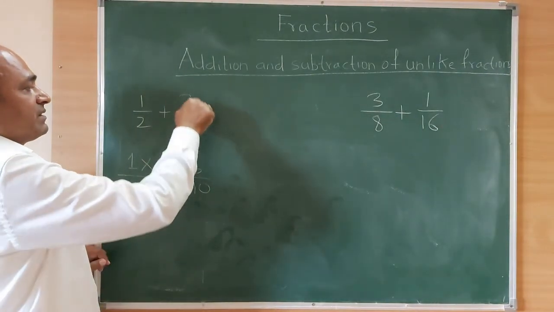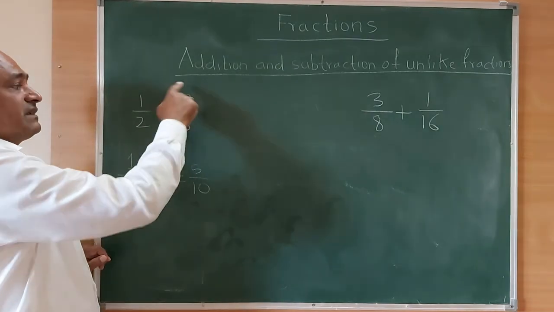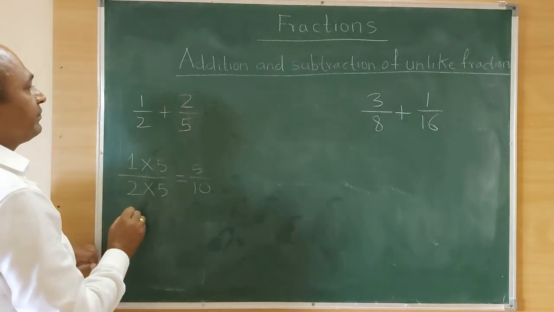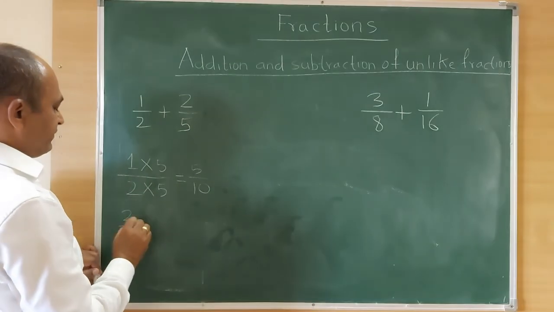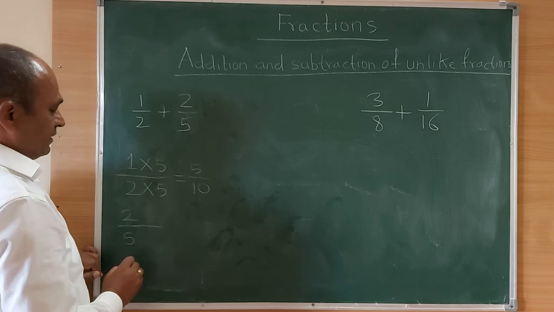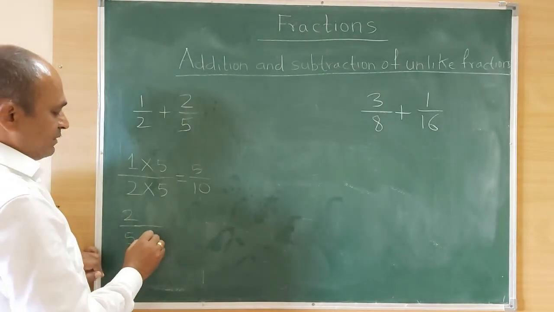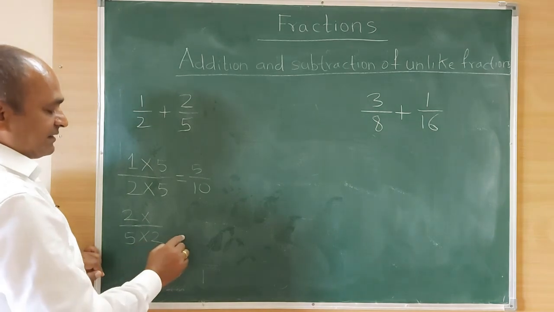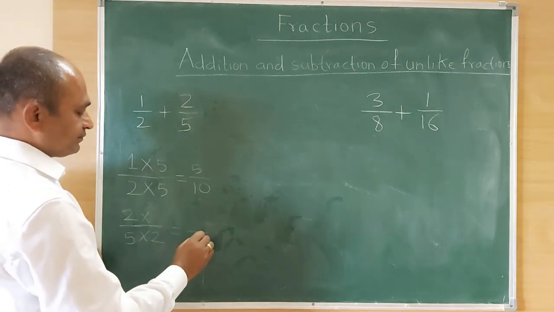Now I will convert this fraction also into its equivalent fraction whose denominator is 10. So 2 upon 5. 5 should be multiplied by 2 so that I will get the denominator 10 here.